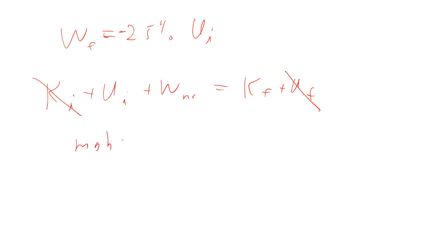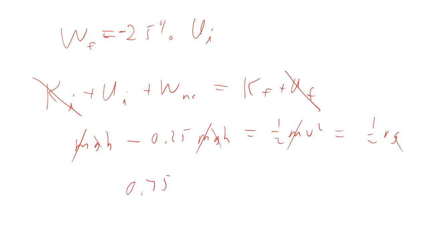So this is mgh minus 0.25 of the initial, and that's equal to 1/2 mv squared. The m's cancel. That's going to be equal to 1/2 rg. The g's are now going to cancel, and then we get 0.75 h equals 1/2 r, or in other words, h is going to be equal to r divided by 1.5.